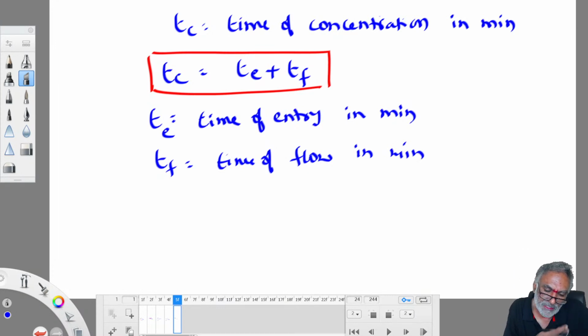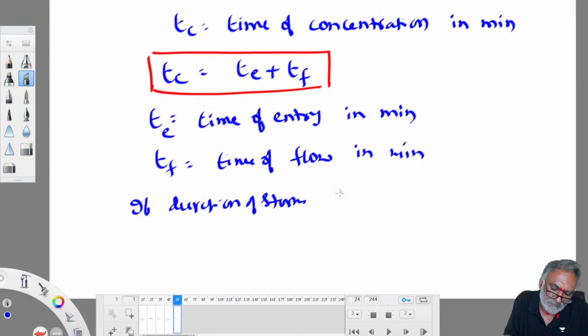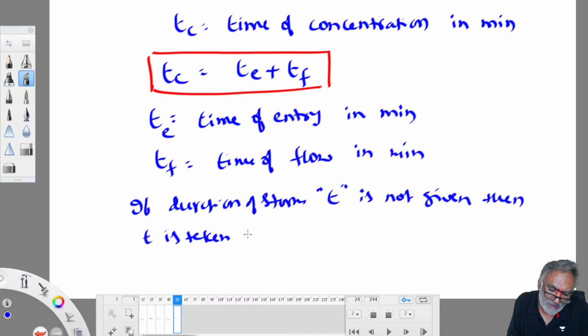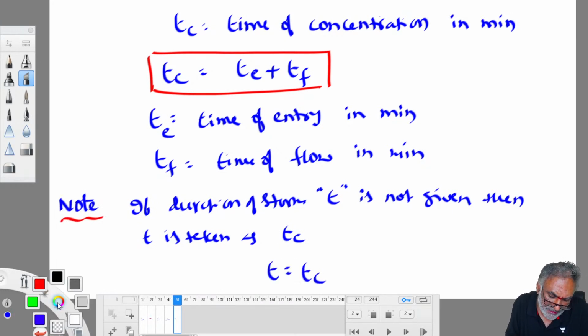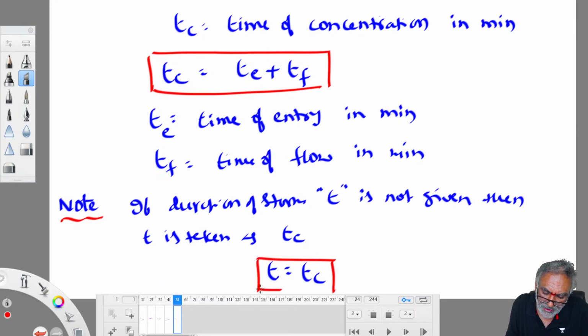Okay? TC you can calculate. If duration of storm T is not given, then T is taken as equal to TC. That point you also have to remember. Because the rational formula is true for storms whose duration is greater than or equal to time of concentration.